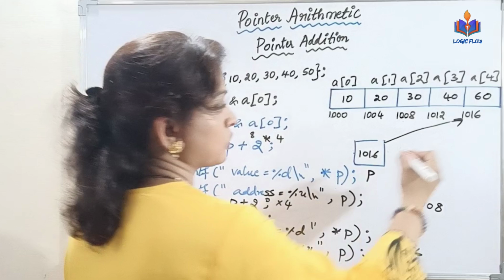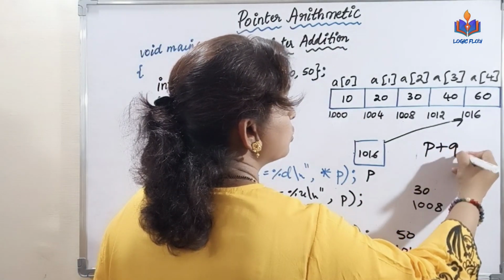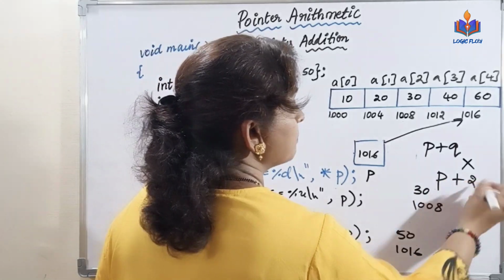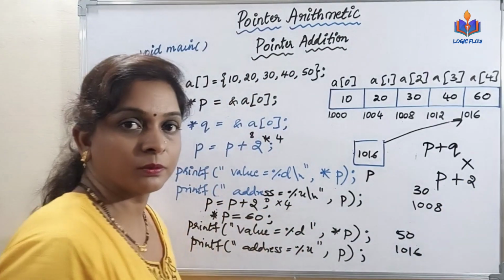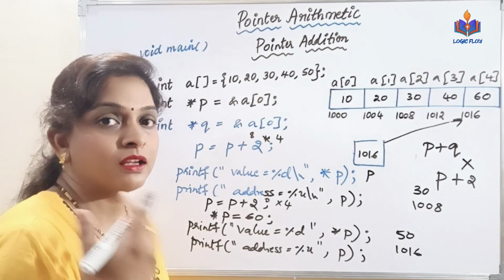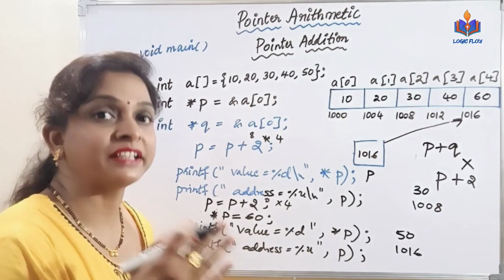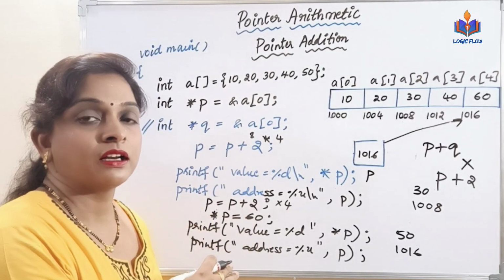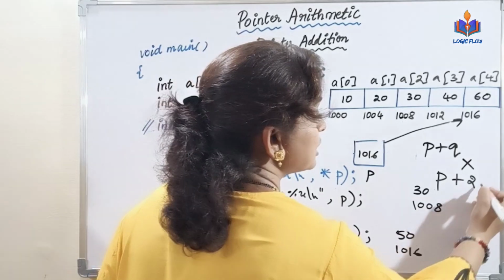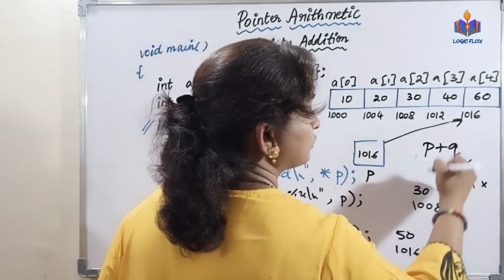So previously we saw we just can't add two pointers. It is wrong. We can add some value to the pointer, and that value will be added in a special way. It will be calculated with the size of the data type. So p plus 2 means p plus 2 into the size of the data type.